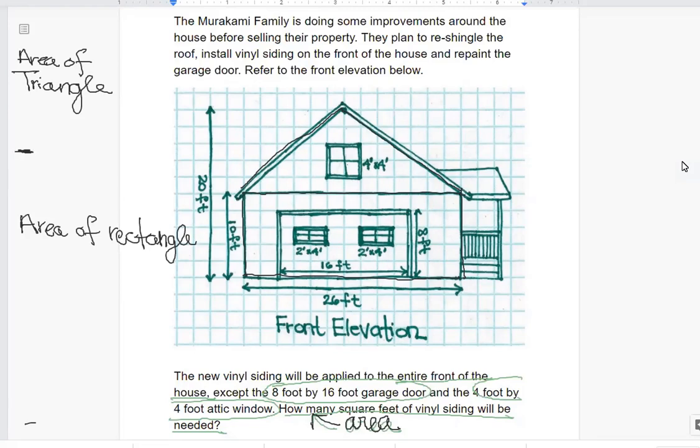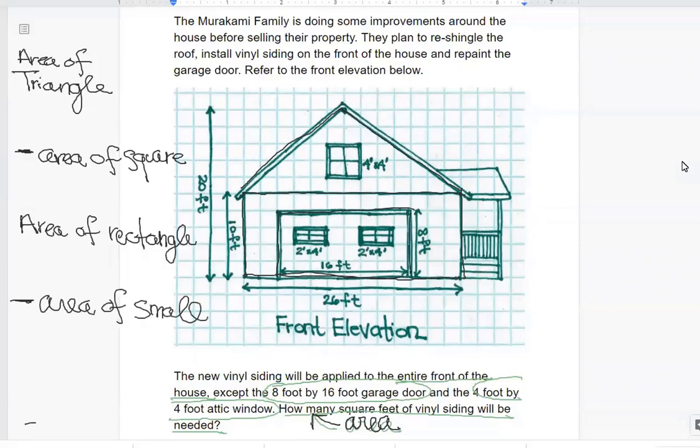So I'm actually going to minus the area of that square. And then same thing with the garage door. We're not going to cover any of this garage door here with siding. So I'm going to take out the area of that rectangle. So that's a lot of planning. I'm going to put in the area of the triangle, take out the area of the square, put in the area of the rectangle, take out the area of the small rectangle. That's a lot going on.